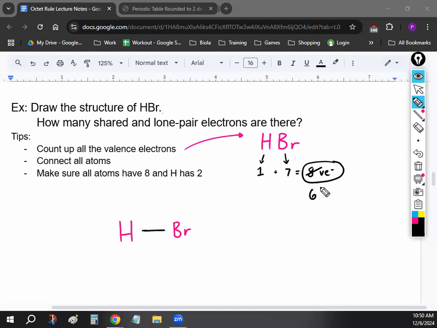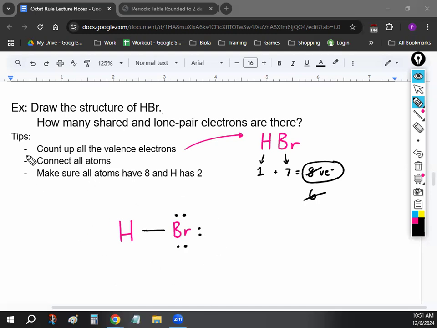So we're going to draw some dots on it in order to get it to 8. So we're going to draw a dot. So that's 3, 4, 5, 6, 7, 8. And now bromine is happy because it has 6 dots and a line, which will total up to 8. Which is perfect because we had 6 electrons still left to draw, and we drew 3 dots. Okay, and there you go. That's what HBr looks like.